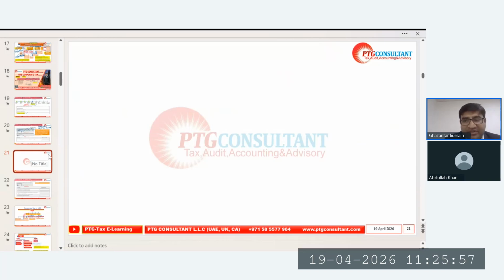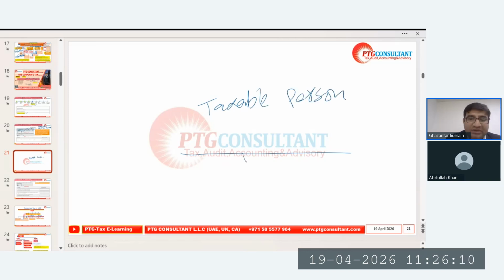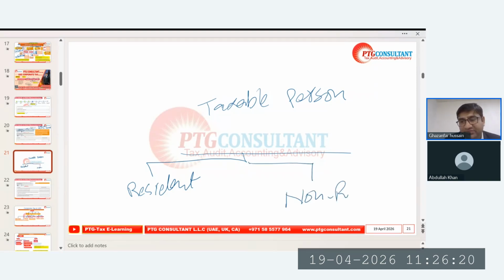So let's understand the PTG Consultant. First, we have to understand it as a taxable person. I'm writing here: taxable person. Then we say it is a resident or non-resident. So let's assume the PTG Consultant made an investment in another company.